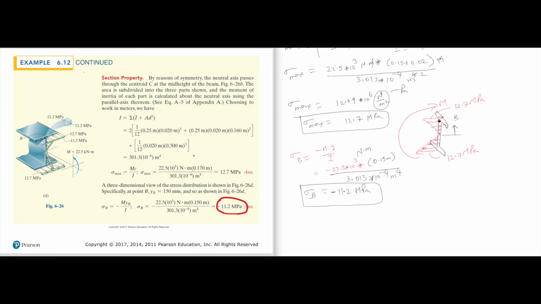So that means when you're applying moment with respect to this axis, you took moment of inertia with respect to that axis. What if I'm applying a moment like this? That means it is being rotated with respect to that axis, right?